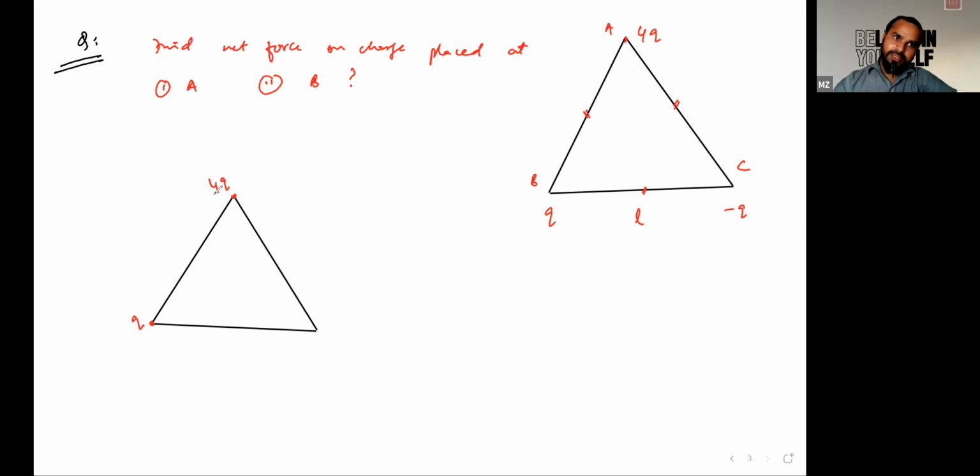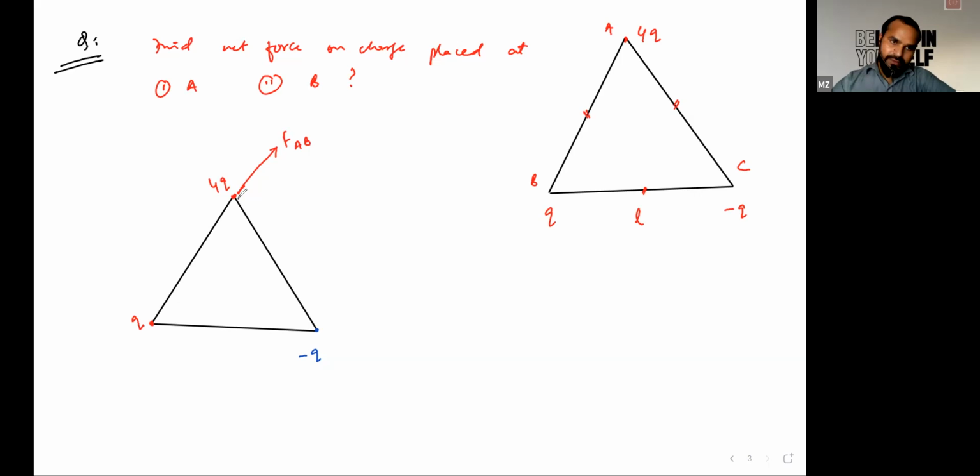The force on this particular charge due to this charge would be away from it, like in this direction. So let's call it force on A due to B. Similarly, force on A due to charge C. As the polarity of the charge at C is negative, the interaction between these two charges would be attractive or repulsive.